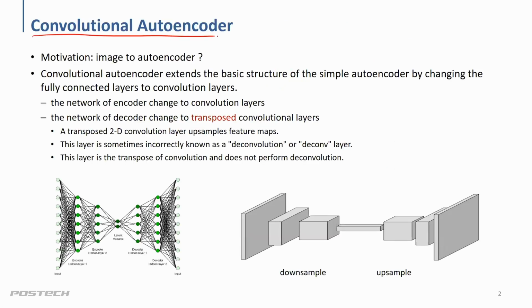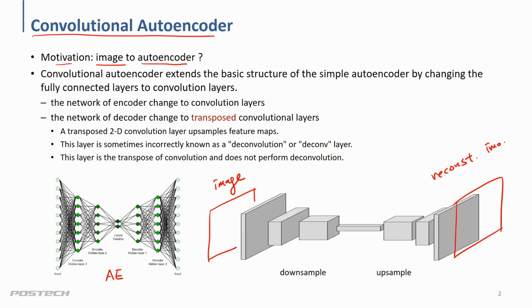So as a motivation for the convolutional autoencoder, what if we feed an image to an autoencoder? You can think of this one as AE, and say we have images, and here probably the reconstructed image, and this is again an autoencoder structure in two-dimensional space.